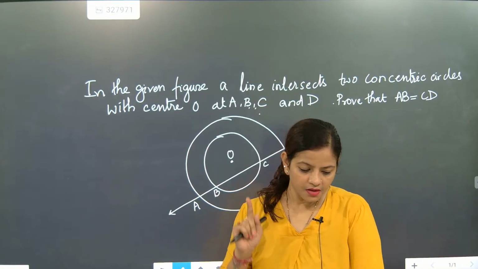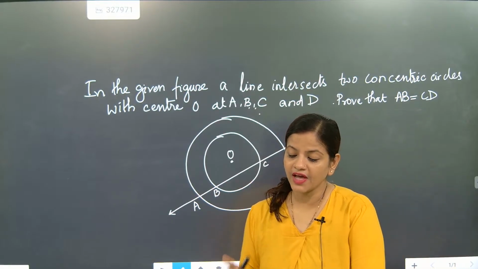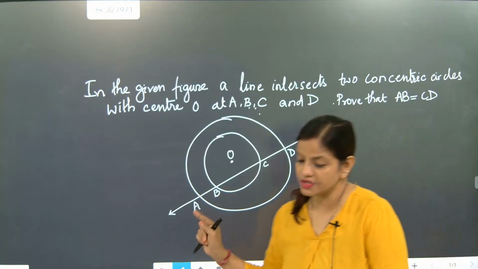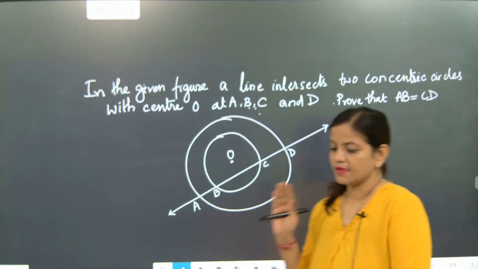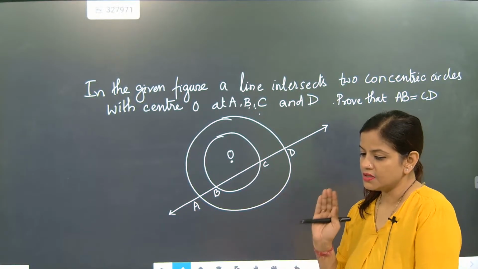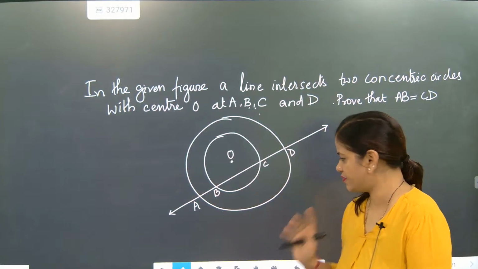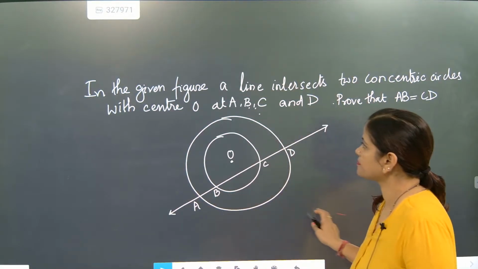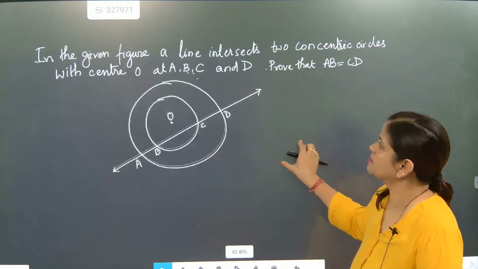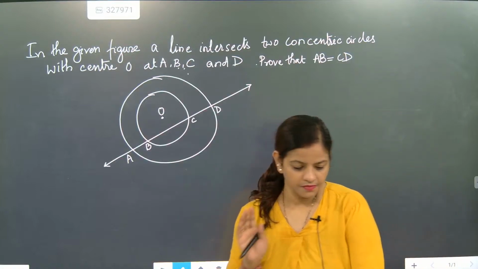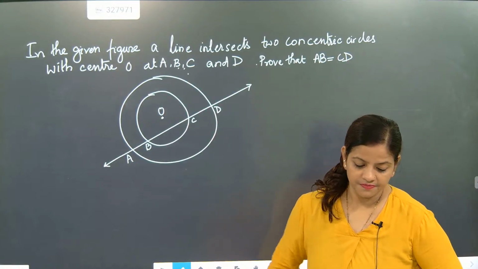Then after that they are telling us to prove that AB is equal to CD. AB is equal to CD, you have to prove. Start it.